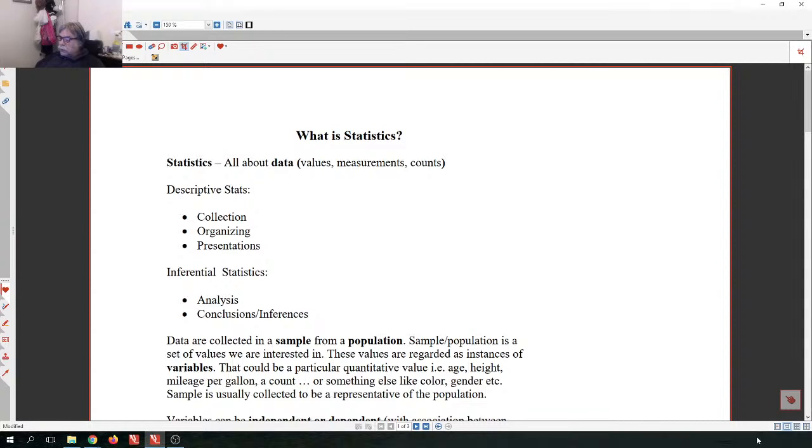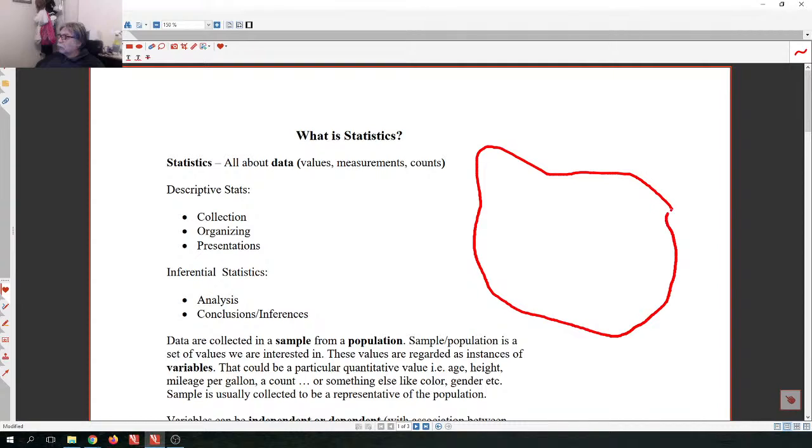Data is collected in a sample from a population. The population is not necessarily anything living and breathing, but rather a set of numbers, for example, the heights of 18-year-old males in the United States. So I would have all of the possible numbers. Let's talk about inches.